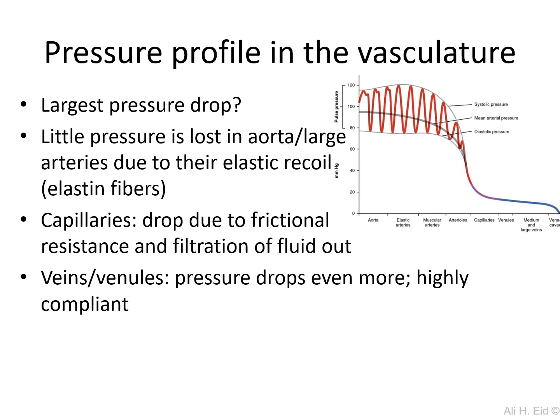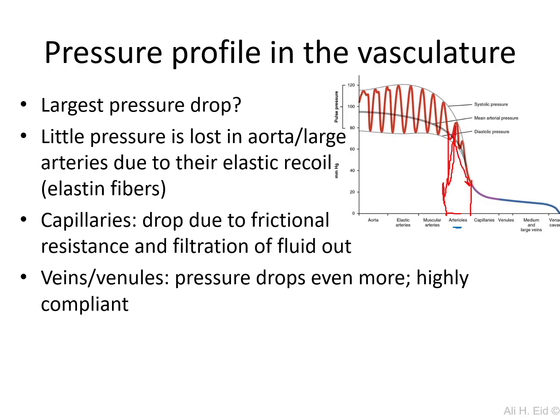Interestingly, if you look at the pressure profile in the vasculature, pay attention, the largest pressure drop takes place across the arterioles. We start here and we end here. That's how much drop we have across this vessel.